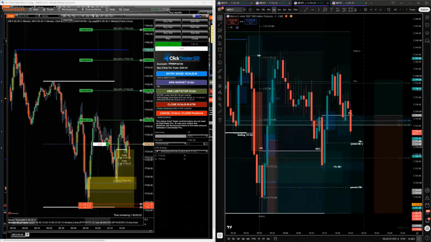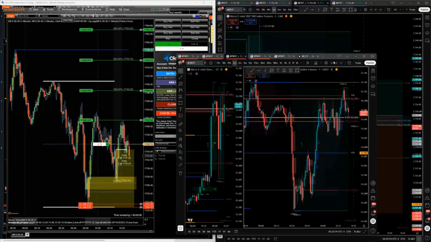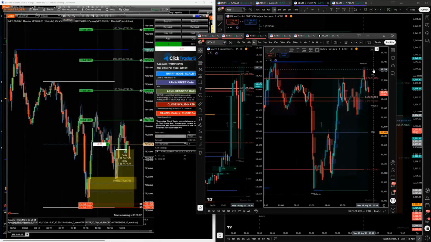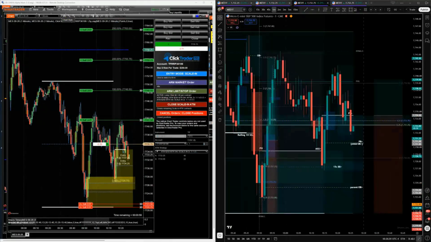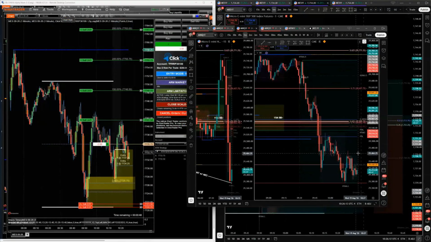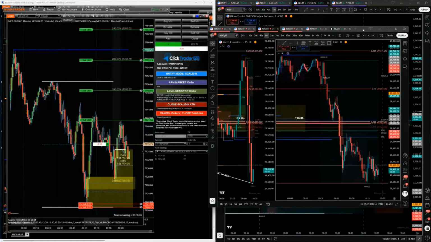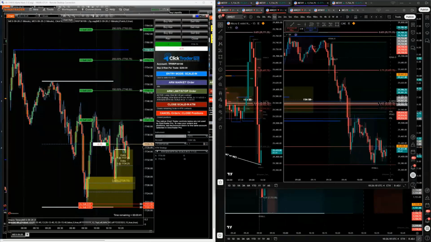If that doesn't reverse, then let's look at the Dow. Dow looks good. It's up near the highs, trying to break back inside last week's range. So it's going to depend on what happens with the NASDAQ. I'll be looking for a reversal in the NASDAQ here. If we can get a reversal in NASDAQ here, then we'll probably see this S&P trade higher.